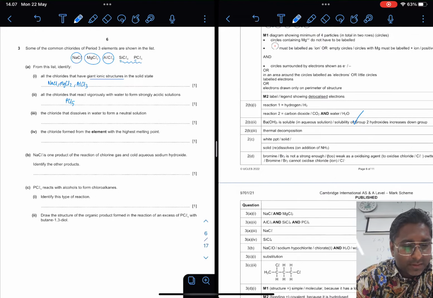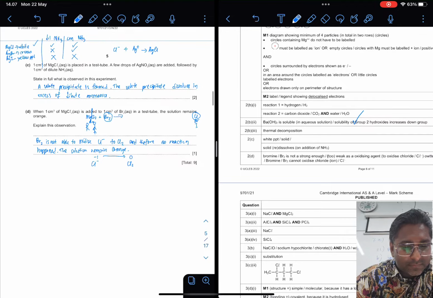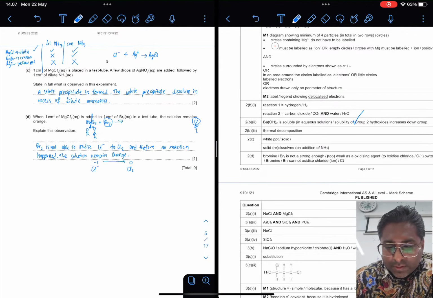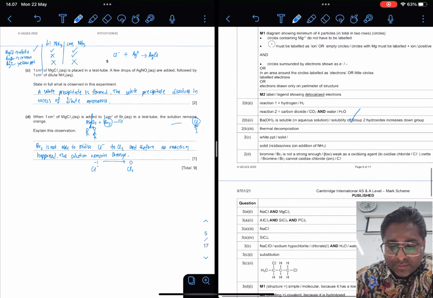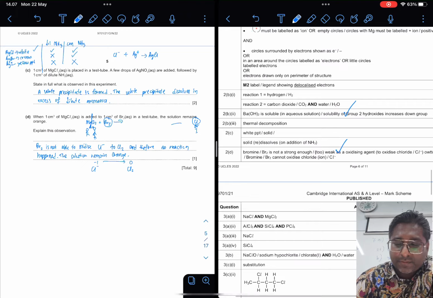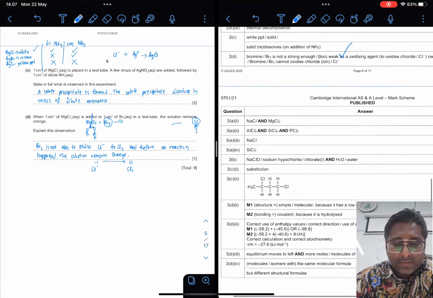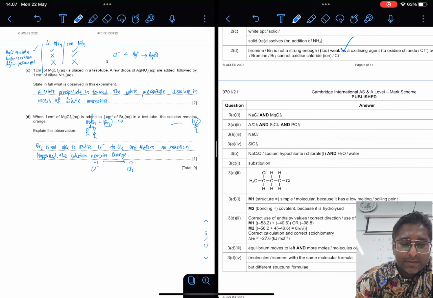Just now, the solution remains orange, so Br2 is not strong enough as an oxidizing agent. Okay, number 3.